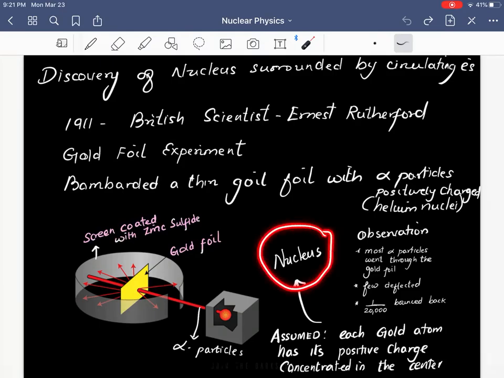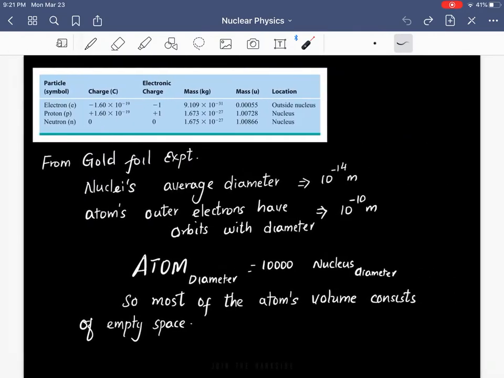He called the core the atomic nucleus. So, combining all of the information, he was able to predict that the nucleus is at the center of the atom, and the electrons are around the nucleus.